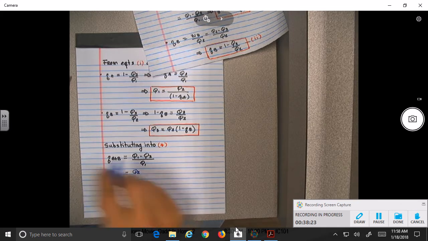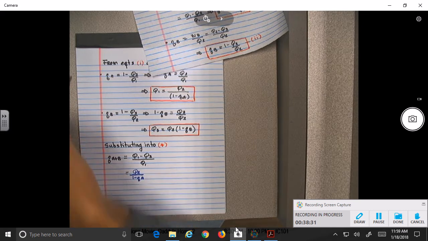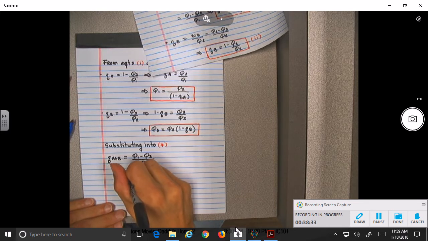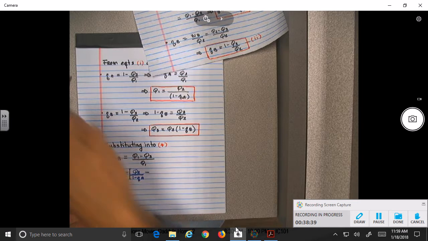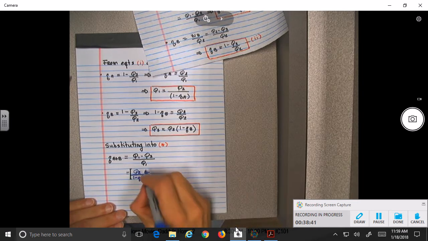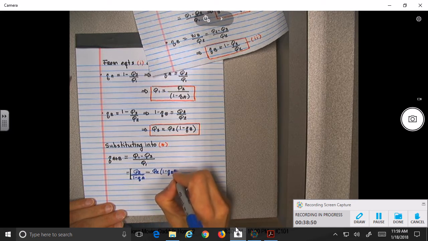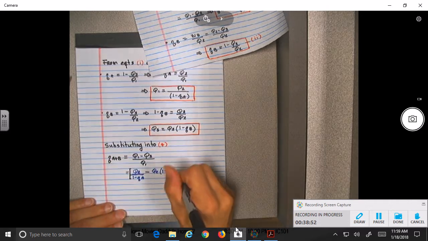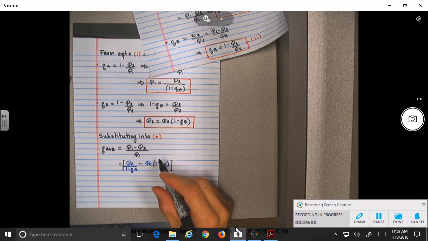I don't know how to present this one. Okay, let's do this one. Q2 over 1 minus eta sub A, minus Q3, that will be Q2 times 1 minus eta sub B, and all this is divided by Q2, no?